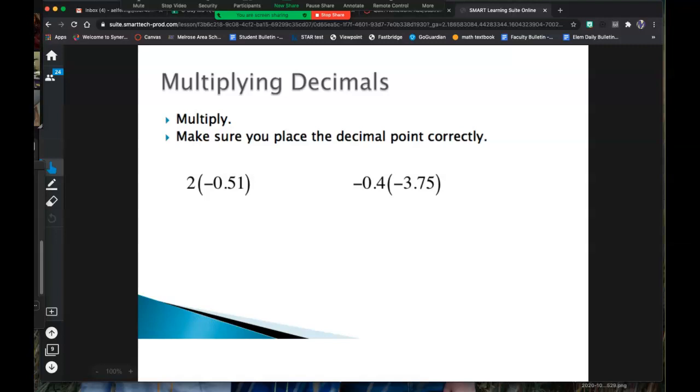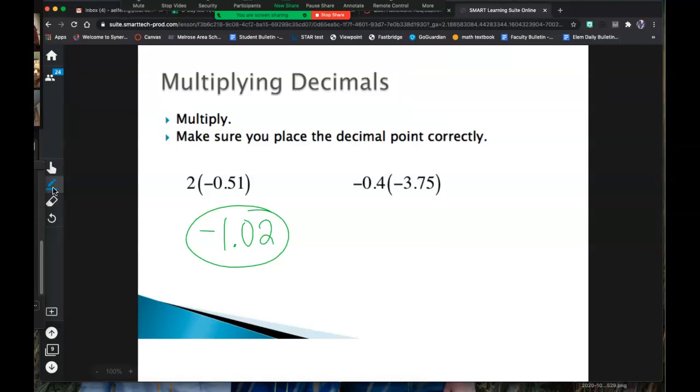I'm just going to type in 2 times 0.51 and I get 1.02. Now, I do have to remember that if there's only one negative sign, you make your answer negative. So the answer is negative 1.02. Done. We're going to use our calculator for that.